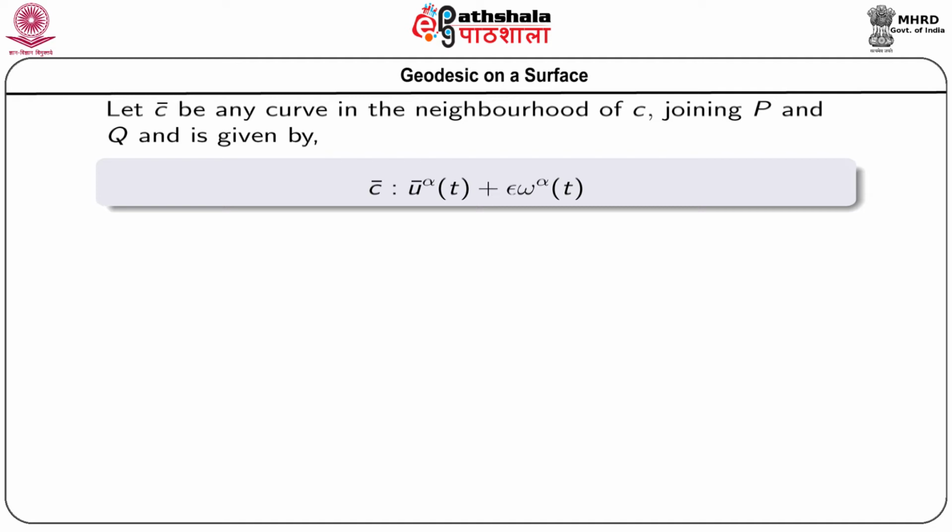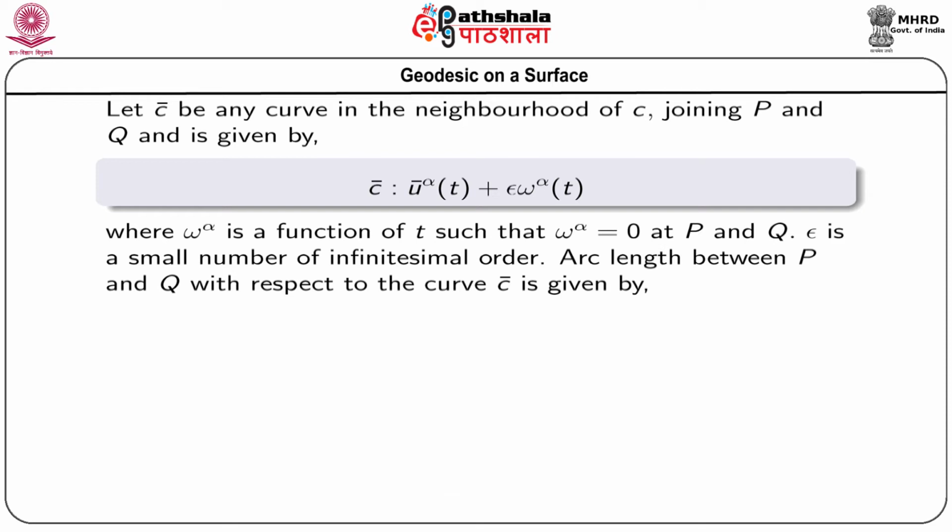So, a little bit of change has been done to the equation of the curve, where omega alpha is a function of t such that omega alpha equals 0 at P and Q. That means, C and C bar will coincide at the points P and Q, and epsilon is a small number of infinitesimal order.